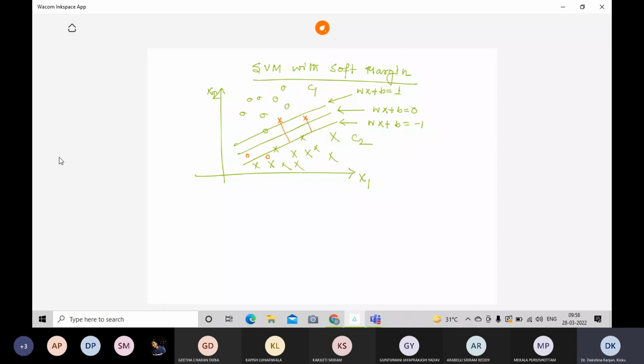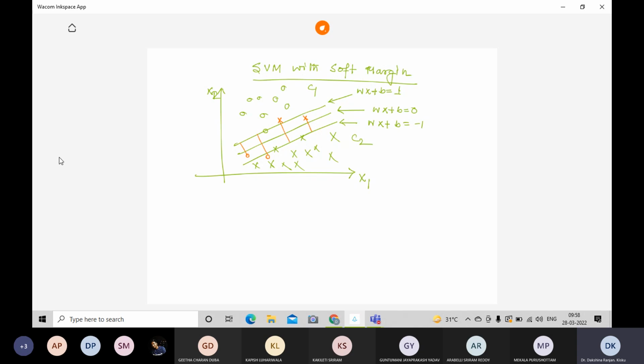Similarly, we will obtain the distance from the misclassified examples of class C1 to the margin of class C1. So what do we call this distance?